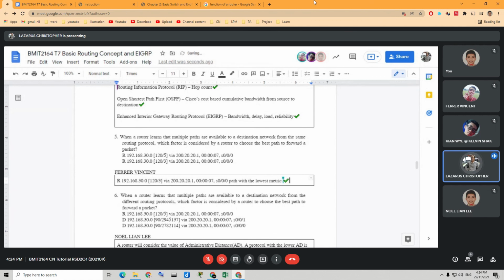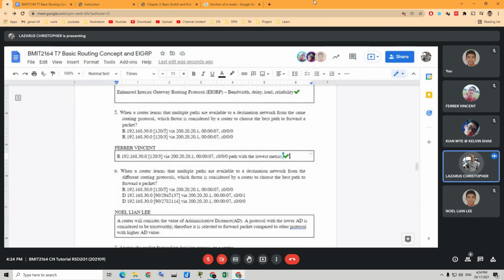Well done, this is exactly right, because they're not actually saying what metric or what protocol. So in this case, we straight away know that whatever metric it is, we always choose the lowest metric. That's the standard of the protocol.